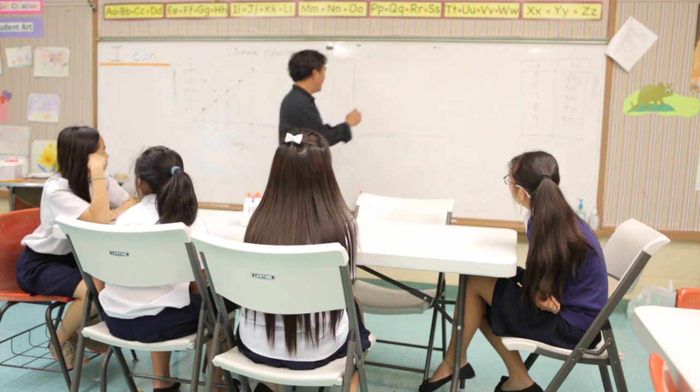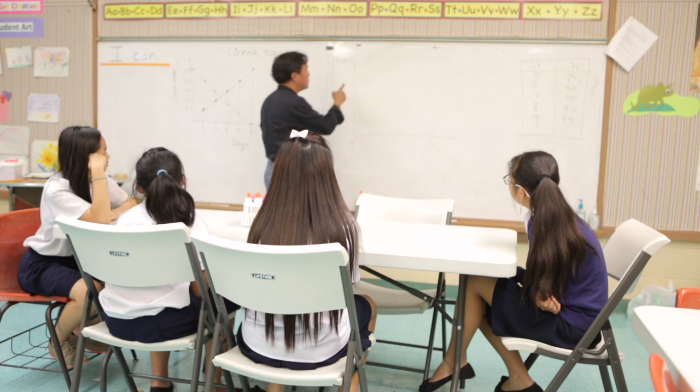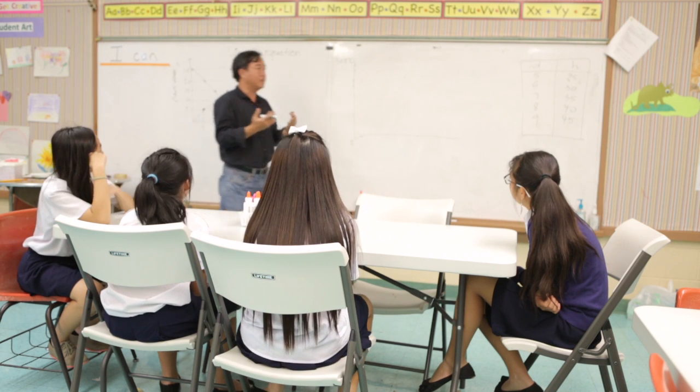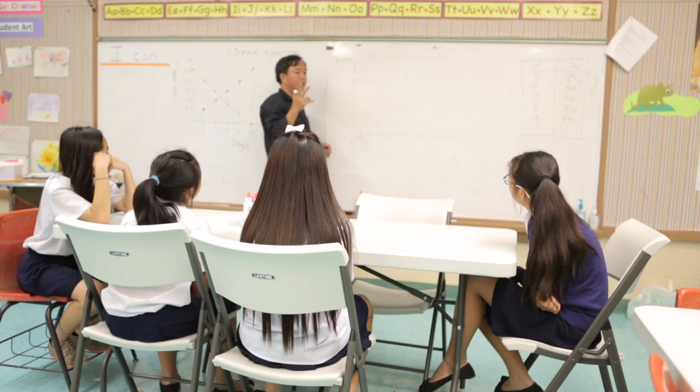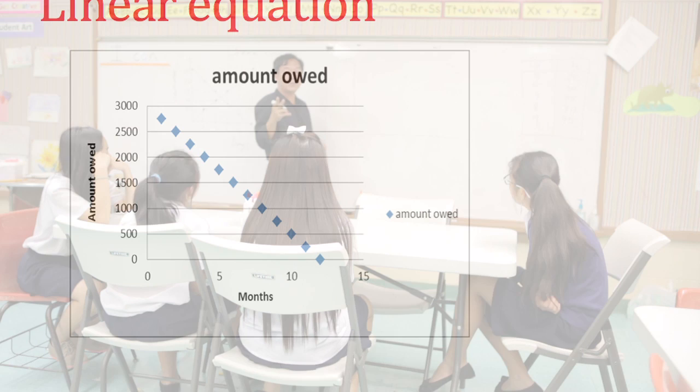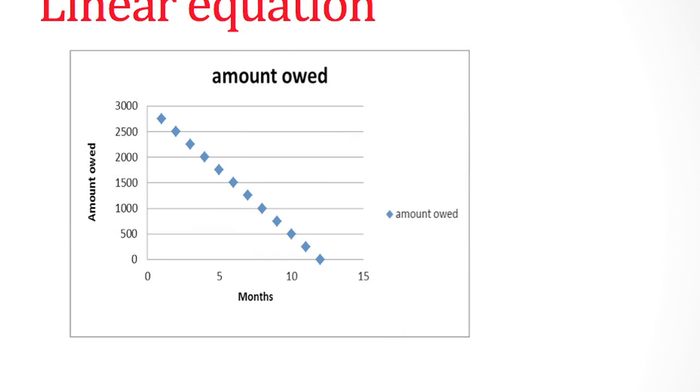Okay? All right. It depends on your income. So let's say you can pay like $250 a month, right? So 1 month, 2 months, 3 months, 4 months, 12 months.